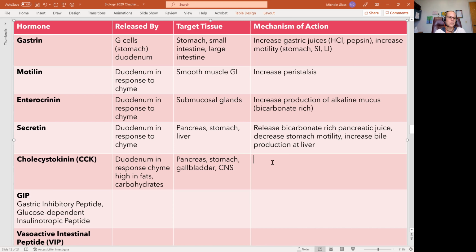Okay, when CCK talks to the pancreas, it's going to release enzyme-rich pancreatic juices. And so what we're going to see is the pancreas is making both what we're going to call pancreatic lipase and pancreatic amylase. And so if we're getting both these lipids and carbohydrates into the small intestine, we need to be able to continue and get real serious about digesting those.